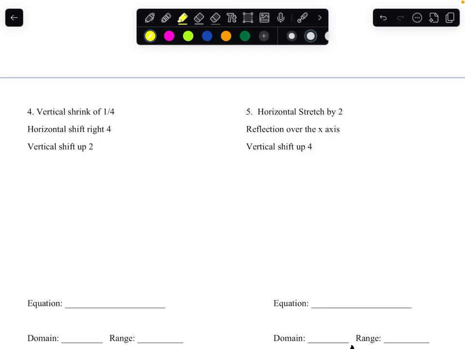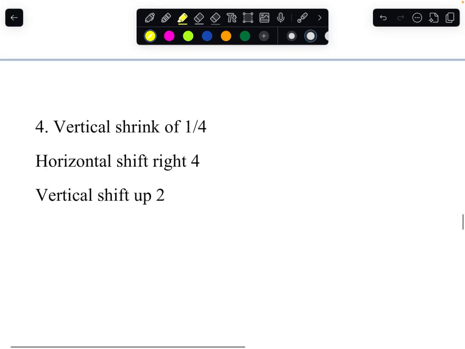So, you just learned one way to do graphing absolute values with tables. There is another way to graph these types of problems. So let's start by making our equation. So for number 4, we have a vertical shrink of 1/4, so that would be on the outside, and it would stay the same.